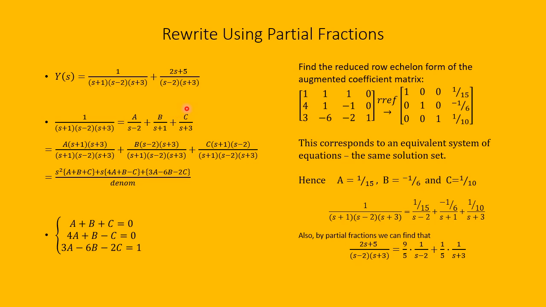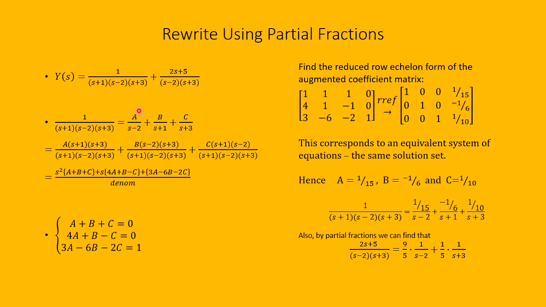So what we need to do to find A, B, and C is to put this stuff over a common denominator, which happens to be the product of these three factors in the denominators, which happens to be the same as the denominator over here.